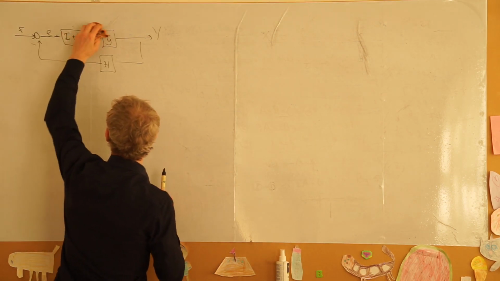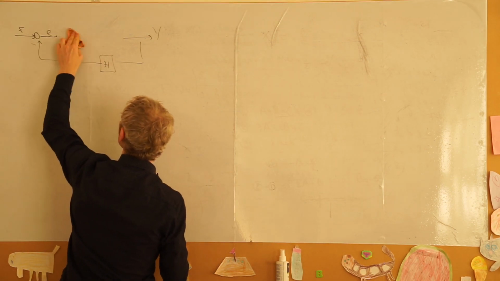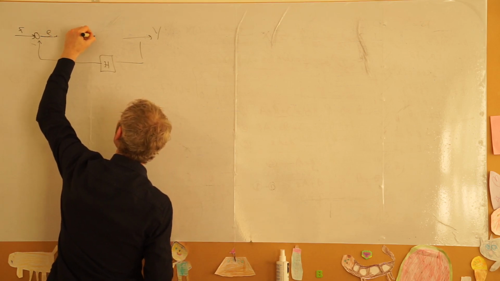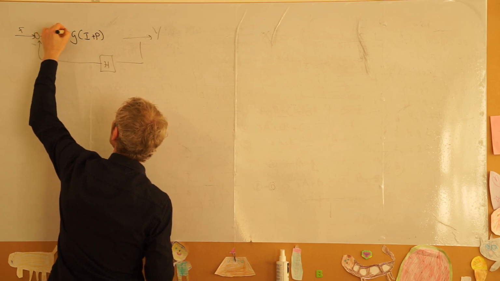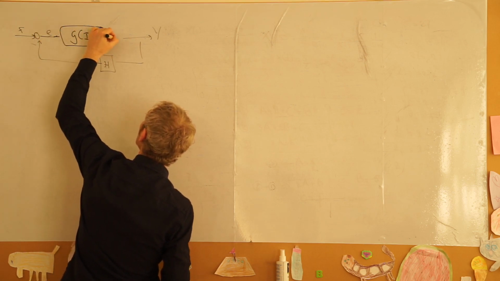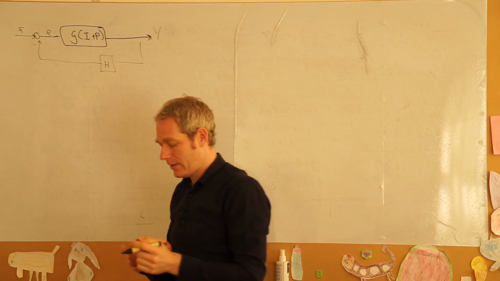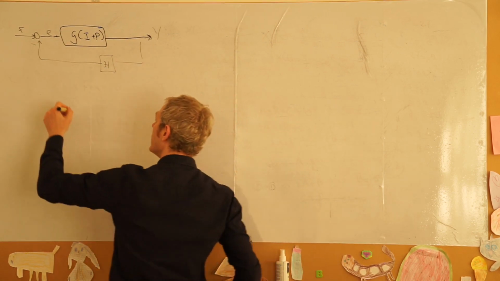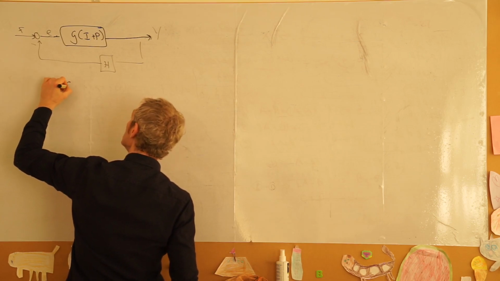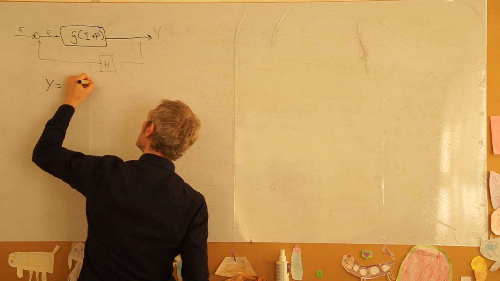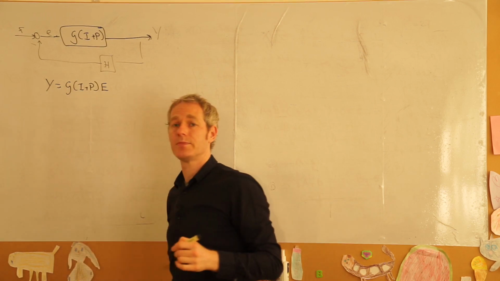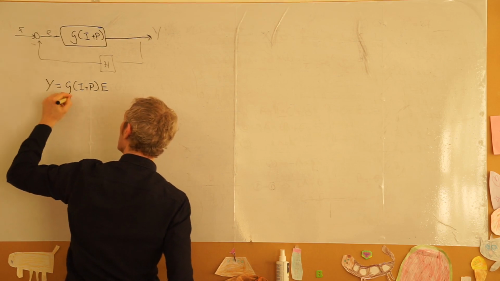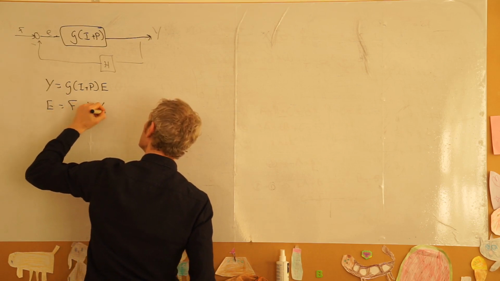So I plus P times G. And now I will name, so the output Y is equal to G times I plus P times the error. And my error is equal to my input minus H times the output.